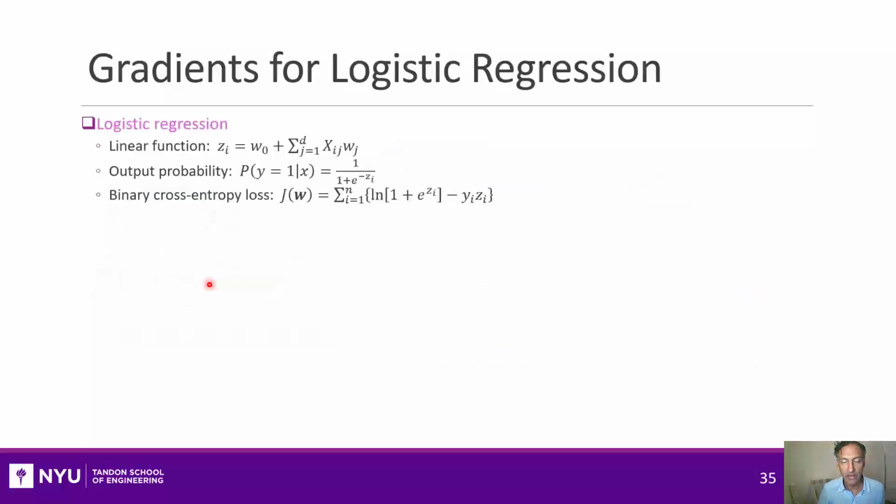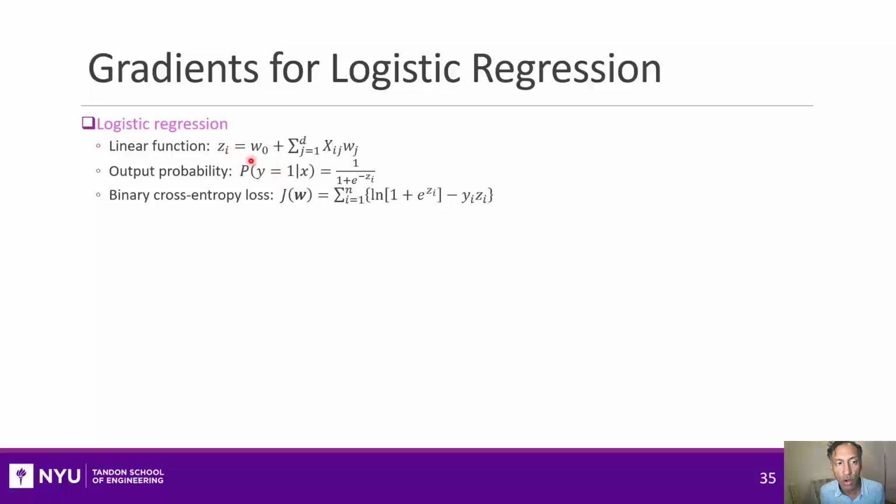All right, we're almost ready to start coding up gradient descent for our logistic regression problem. The one thing we need is to compute the gradients of logistic regression. So let's recall how logistic regression works. We have our data X matrix, and we have some weights and bias. We first compute a linear function, which we'll call Zi.